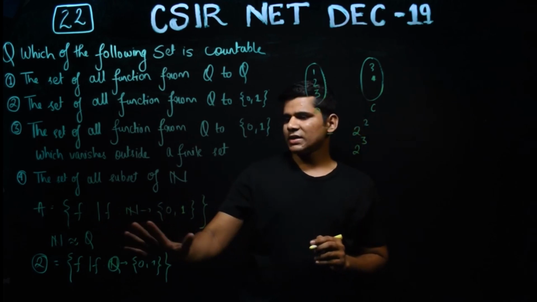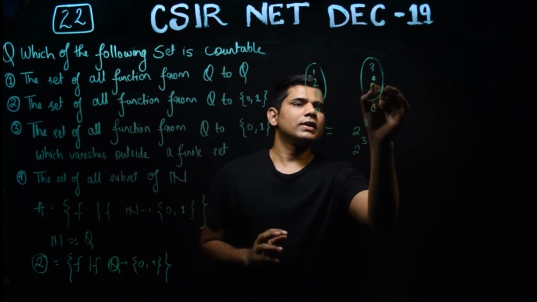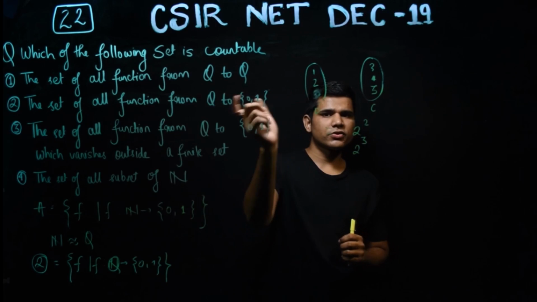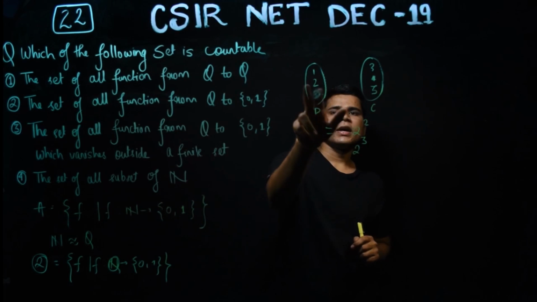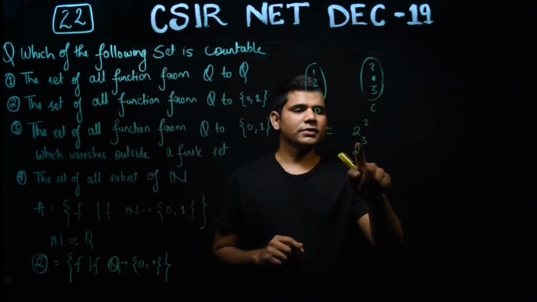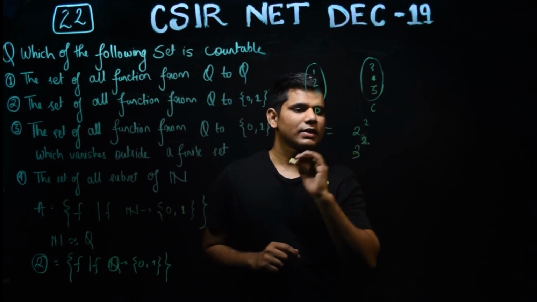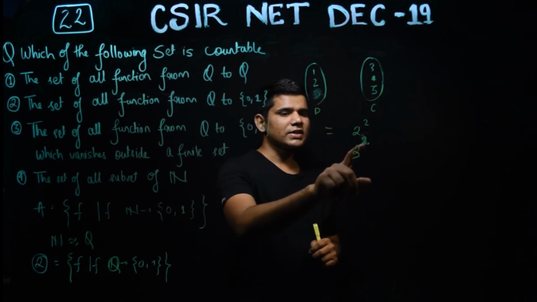Now, if you add an element to its codomain, sorry, I was confused in that, now I'm correct, if you add an element to its codomain, then the number of functions will still increase, and the number of functions is given by this formula.